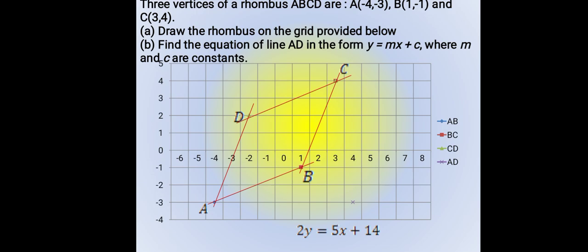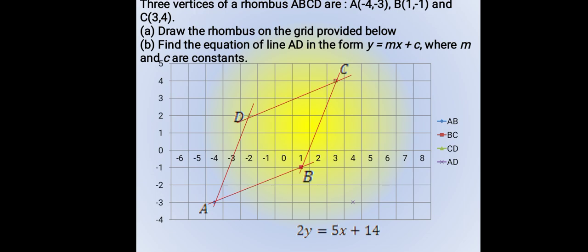I've drawn that rhombus. After drawing it, it gives you the point that was missing, because we've been given 3 points of the rhombus, A, B, C. So point D is exactly at a point where x is -2 and y is around 1.8 there.